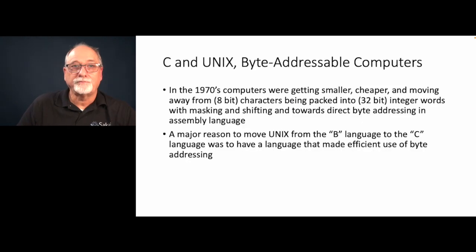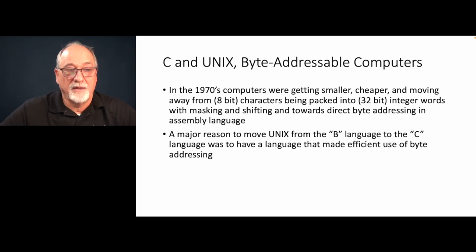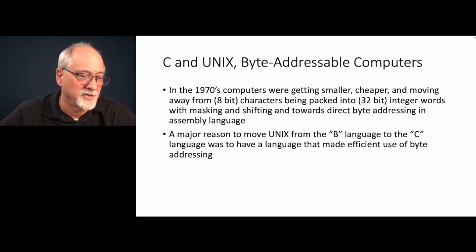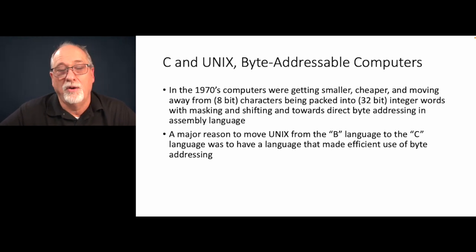So there you go. Now, another thing is that C really was one of the early innovative languages for byte addressable computers. We don't think much about it. Everything's a string, and we can look at the characters in the string. But in the old days, before C and the generation of computers that triggered C, we didn't have characters.